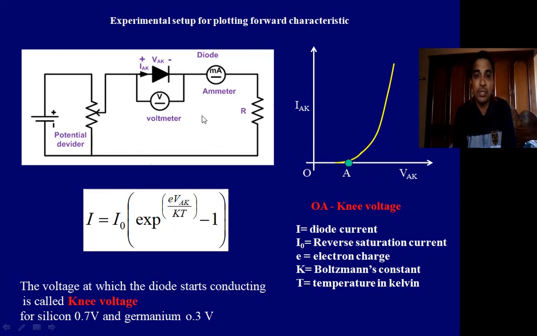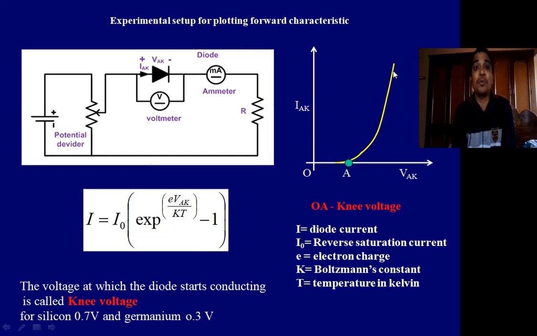How to do this? You keep on increasing the voltage across these two points by changing this resistor point. By increasing the voltage, the current will be zero at some point. When the barrier is completely removed, the current starts increasing.